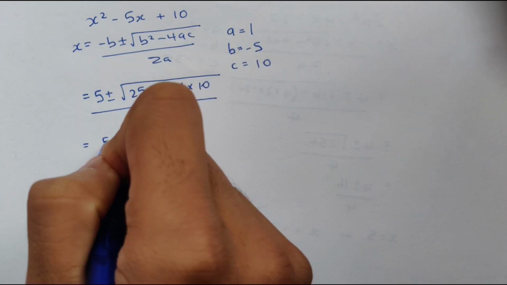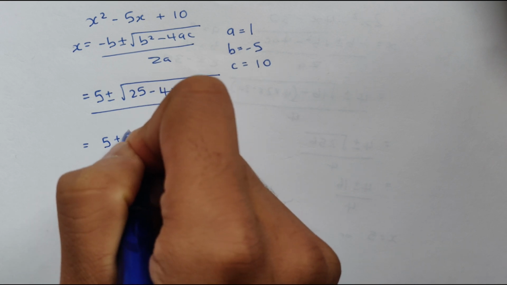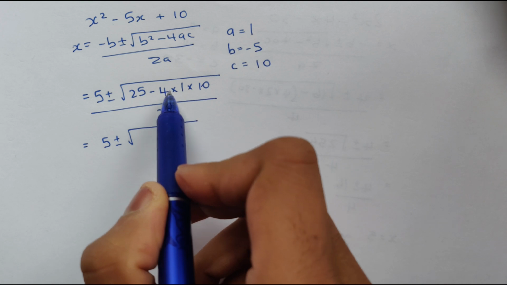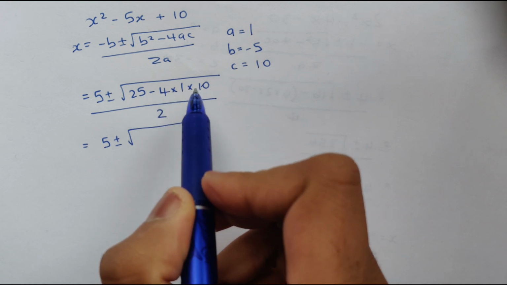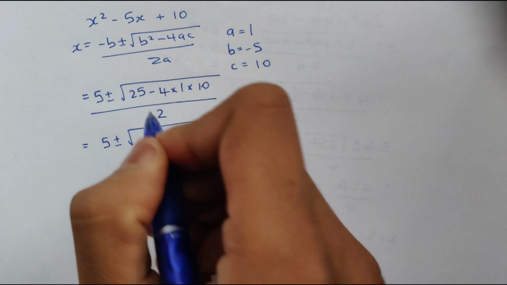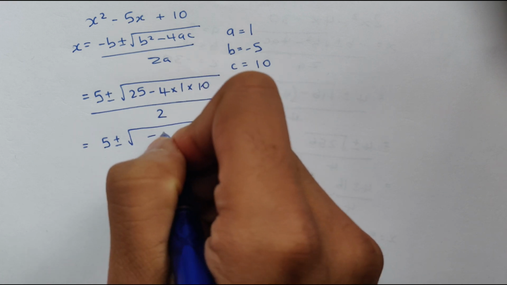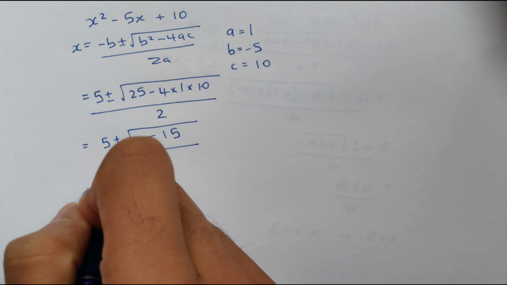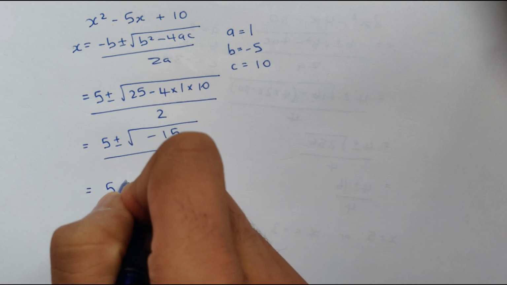Solving this, we get 5 plus or minus the square root. So 25 minus 4 times 1 times 10, which is 40. So we get 25 minus 40, which is minus 15 over 2, which equals 5 plus or minus.